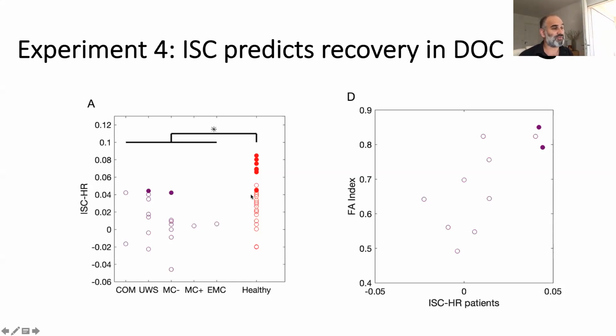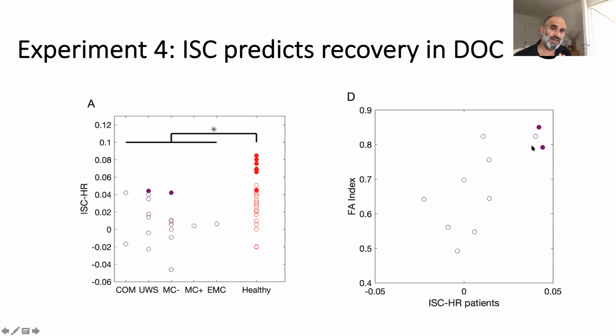And in fact, when you measure the DTI, using structural MRI, the goodness of their tracks, the fibers in the brains of these patients, a measure which is highly representative of the capacity of the subject to recover, you see a very strong correlation between the FA index, which is the integrity of the structural connectivity, and the capacity to correlate to the healthy participants.